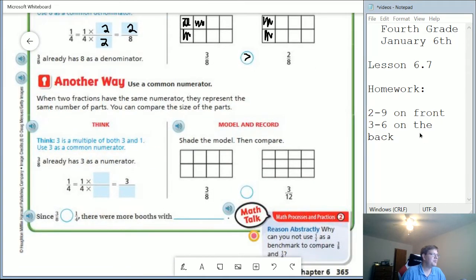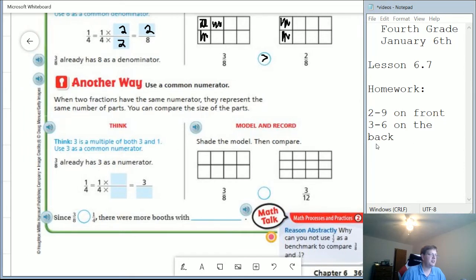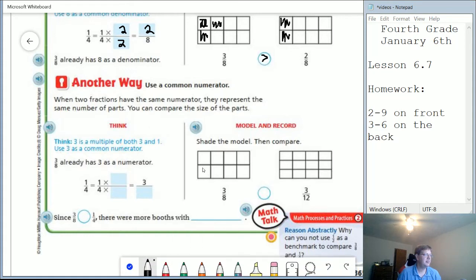We can also use a common numerator. So let's fill in 3 parts here, and then we can fill in 3 parts here. In third grade, one of the things that we talked about was the smaller the number that we have here, the larger the piece.